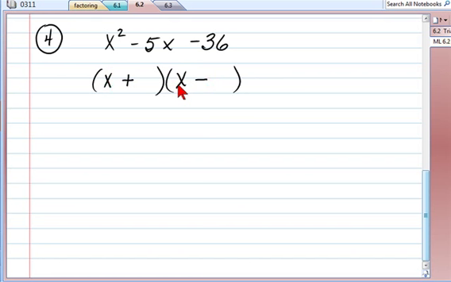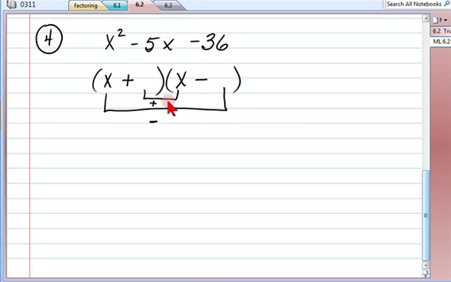Now, I'd like you to take a little look up here. My outer and my inner products. Does everybody see that the outer product will be a negative quantity, because it's an x times a negative number? The inner product will be x times a positive number.